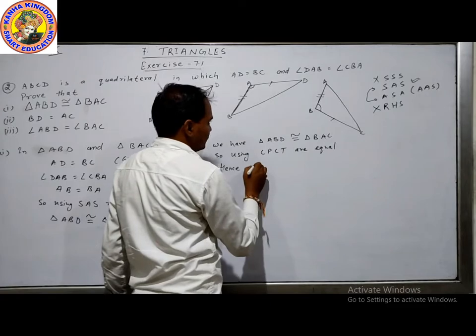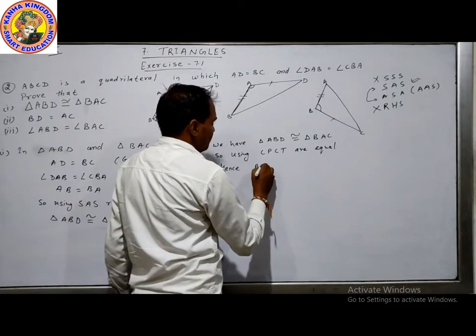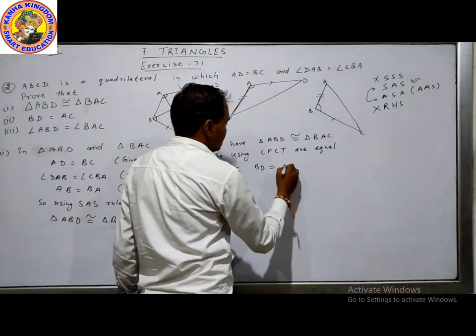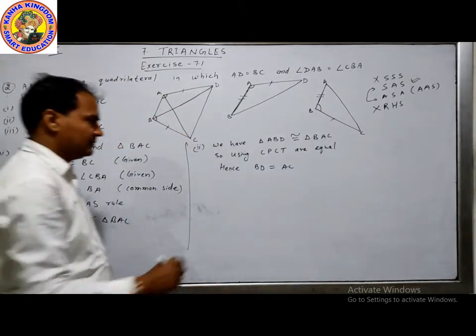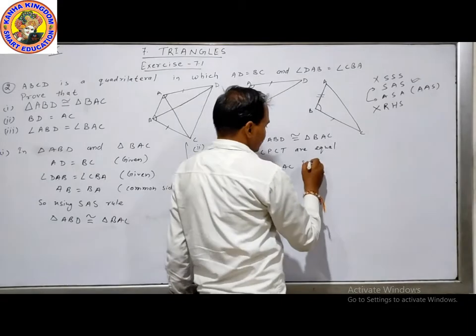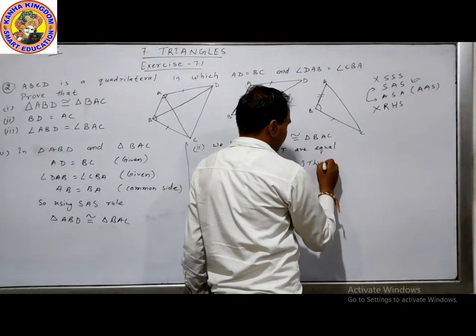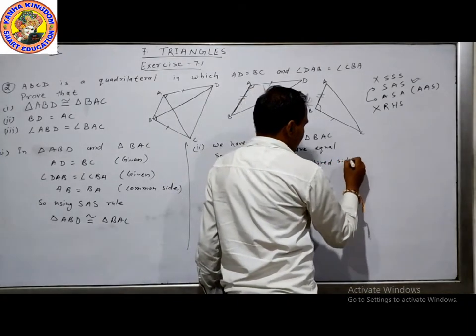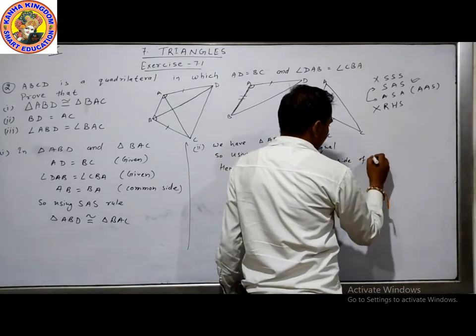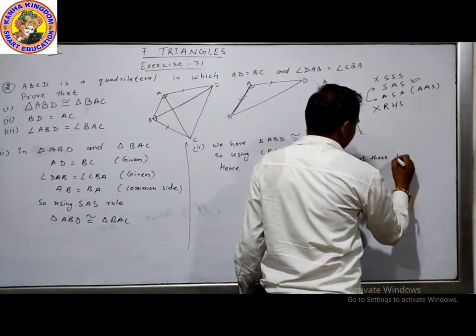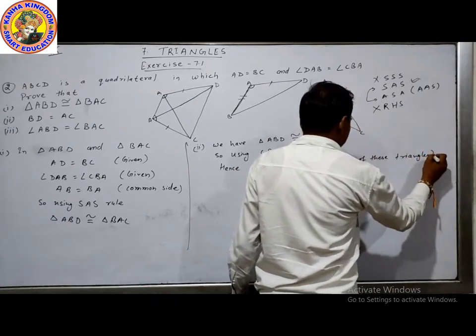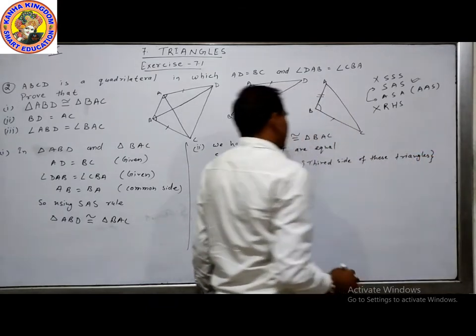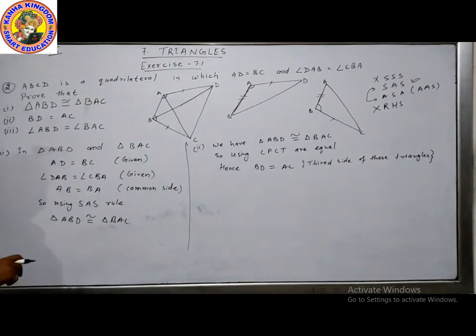Hence BD is equal to AC. The third side of this triangle and the third side of this triangle, so this side is equal.